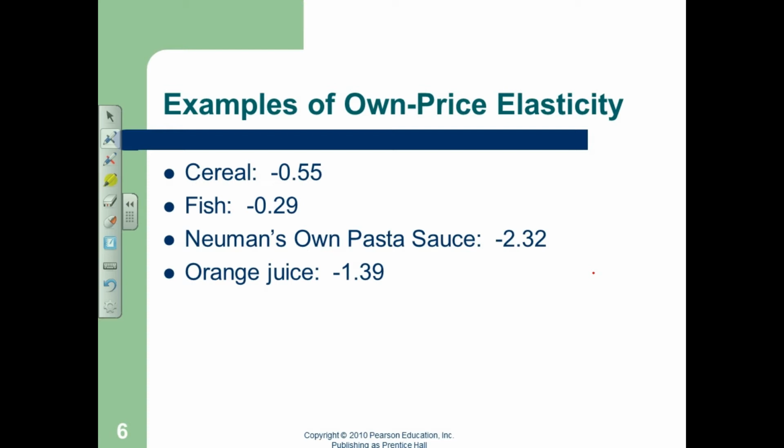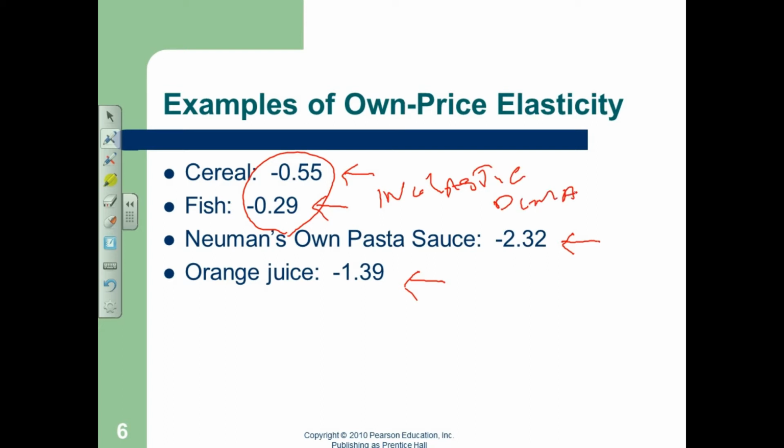So elasticity for cereal is minus 0.55. Elasticity for fish is minus 0.29. Elasticity for Newman's Own pasta sauce is 2.32. For orange juice is 1.39. So here you have inelastic demand for cereal and for fish, and for the pasta sauce and orange juice, you're dealing with elastic demand.